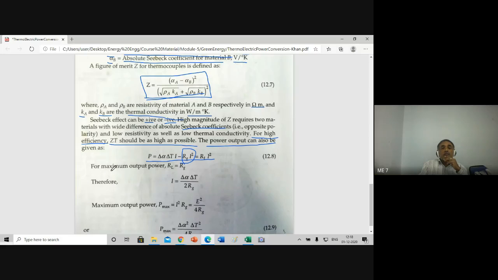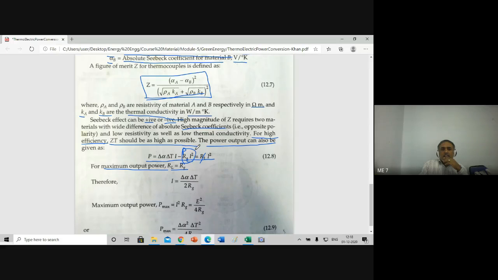For maximum power output, RL should be equal to Rg. Therefore, what happens? You put RL equal to Rg here.